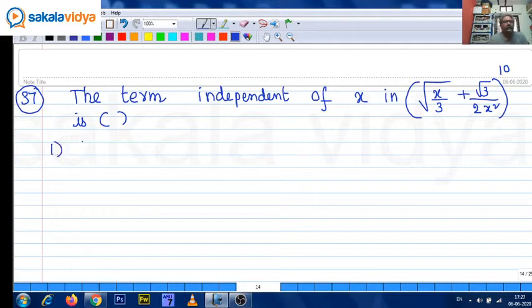First option 10c1, second option 5 upon 12, third option 1, fourth option 32.